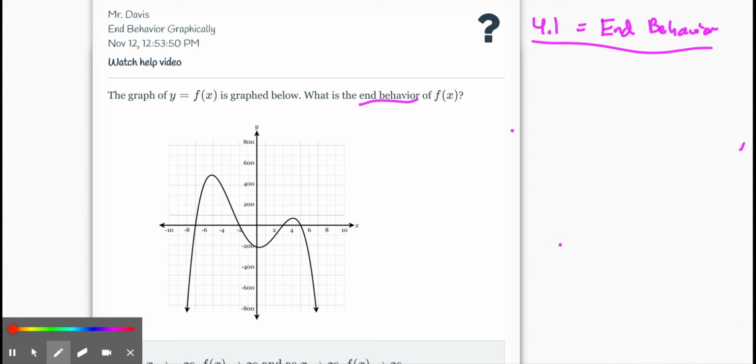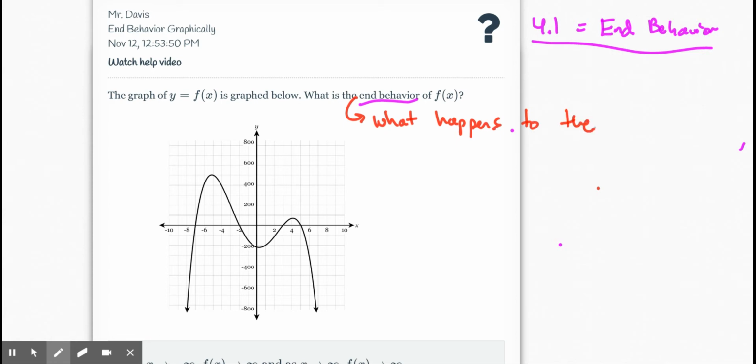So an end behavior, if you were to define it, would be basically what happens to the function as, we could say, the x value gets really big, in other words, goes to infinity. This is the notation we're going to use: as x goes to infinity.